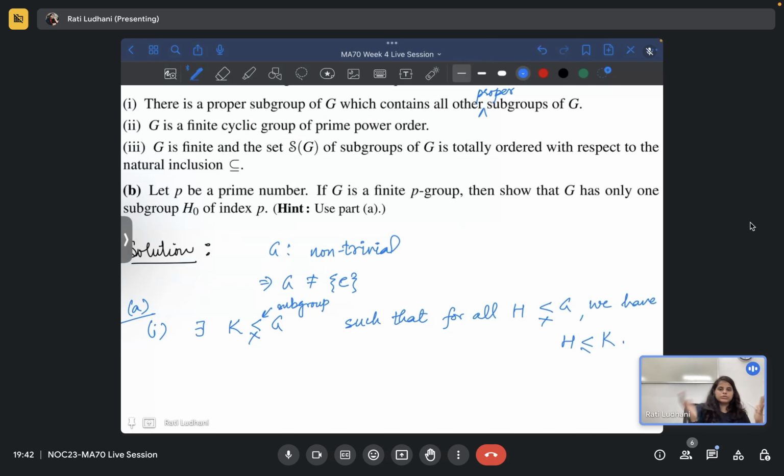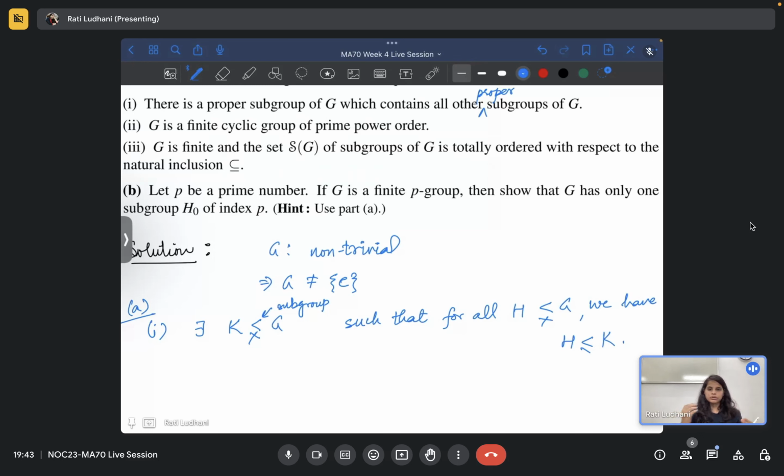So what does this say? Other than G, you know that G contains all the subgroups, because by definition these are subsets of G. But it is saying there exists a proper subgroup K of G such that all the proper subgroups of G are contained in K. So it's like a maximal subgroup.